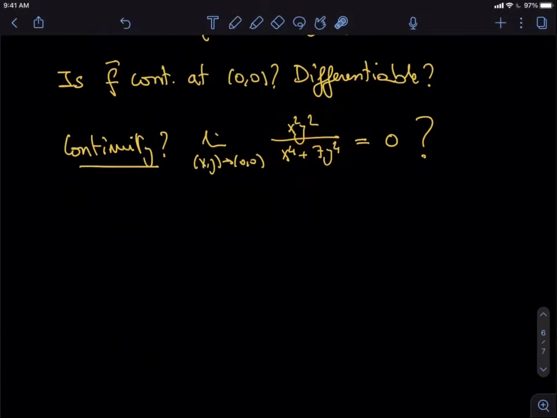When that happens, the powers add up. So you have a net power of 4 between x's and y's in the numerator, and then it's also a 4 in the denominator. So that's no good.